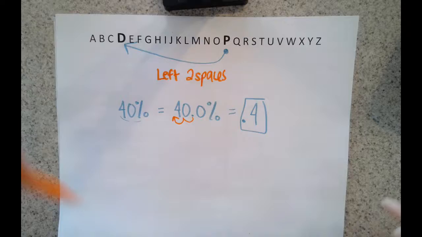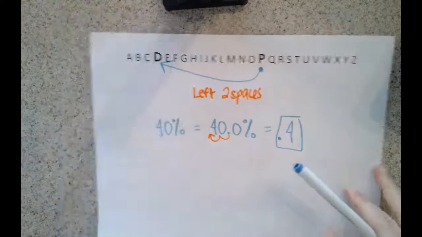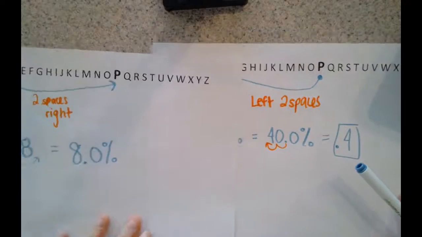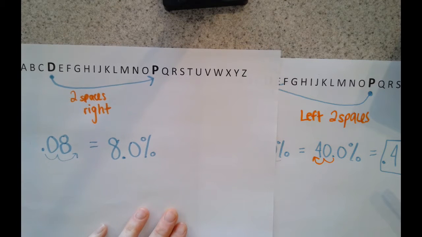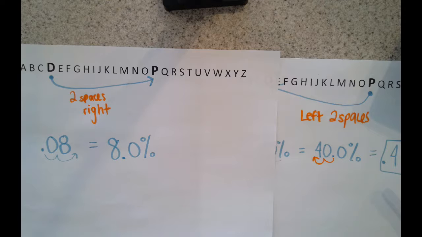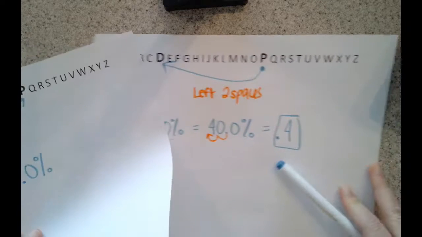Again, if you ever get confused, just think about the alphabet. Are we going from D to P, decimal to percent, or from P to D, percent to decimal? All right, that's just review of what you did last week and an easy trick to remember which way to move the decimal.